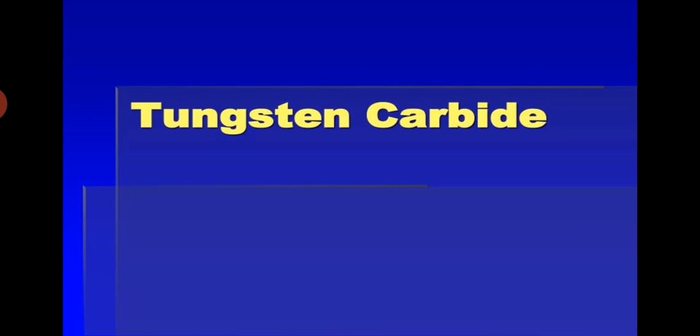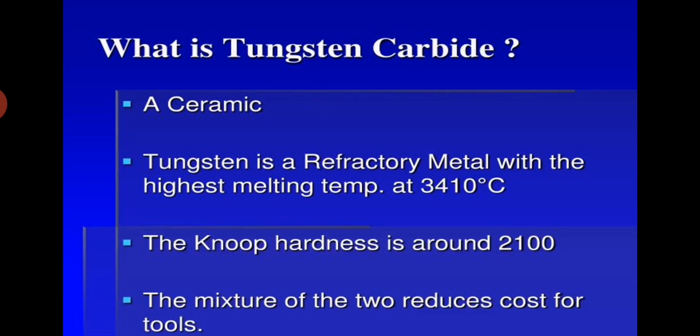So this tungsten carbide is an inorganic chemical compound containing equal parts of tungsten and carbon atoms.